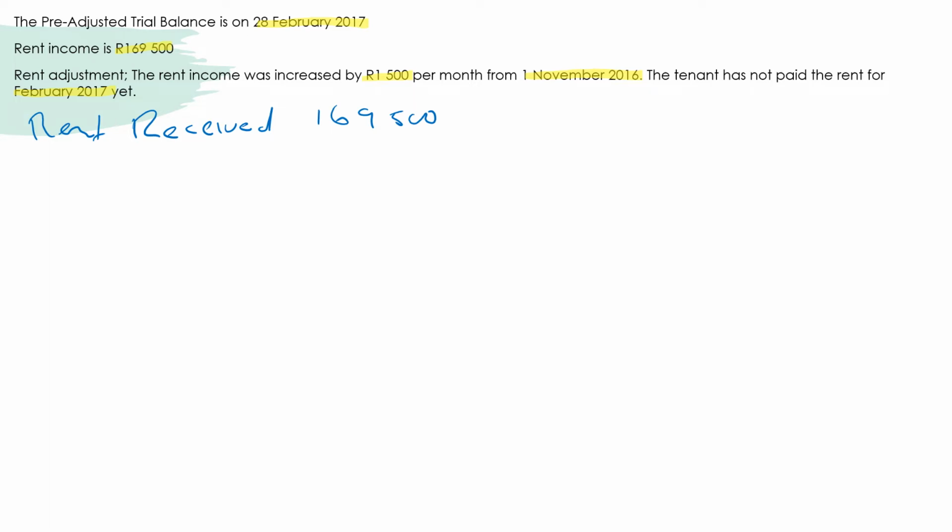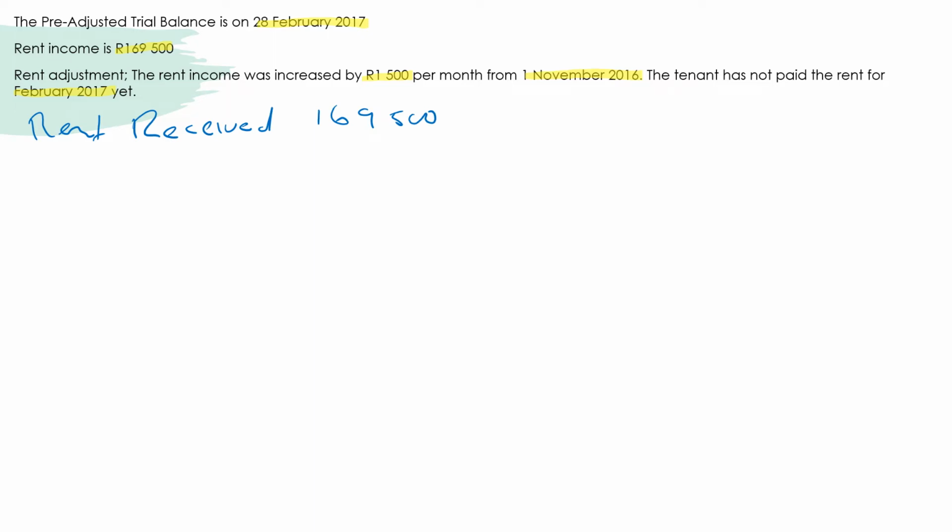The increments. Remember, we need to remove the increments so that we can make the rent be equal all the months until the last month that we receive the rent. But because in between there's an increment of 1,500 per month, we need to basically cater for that in order for us to find the monthly rent income that is outstanding for February.